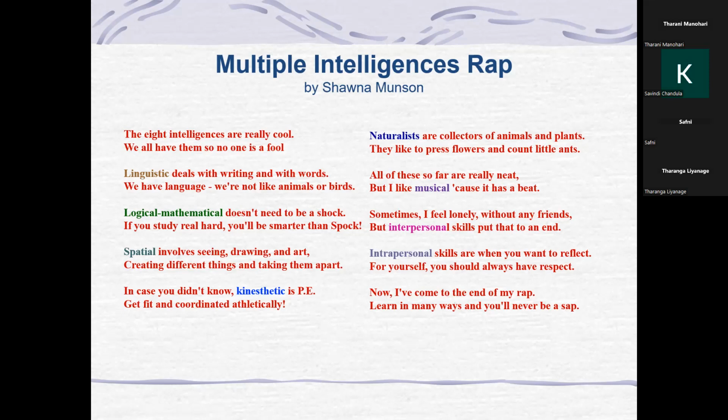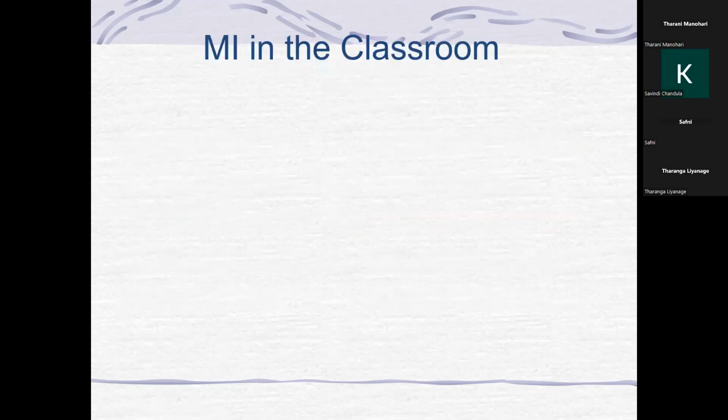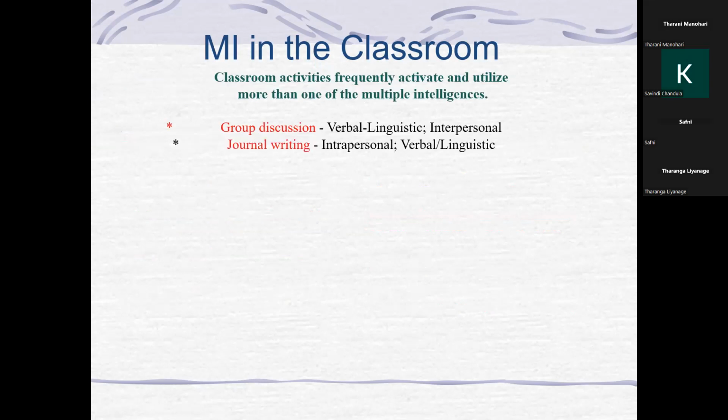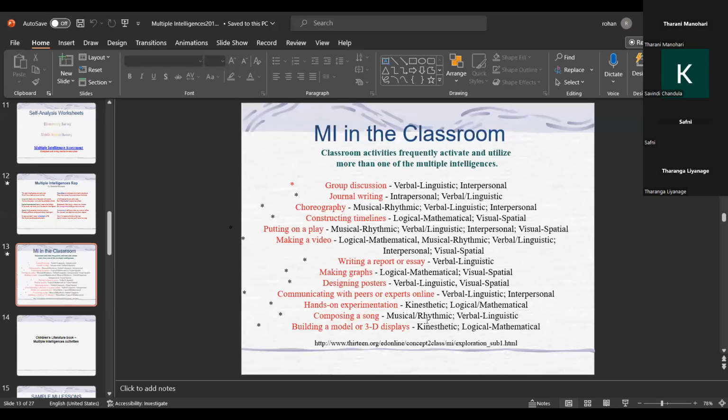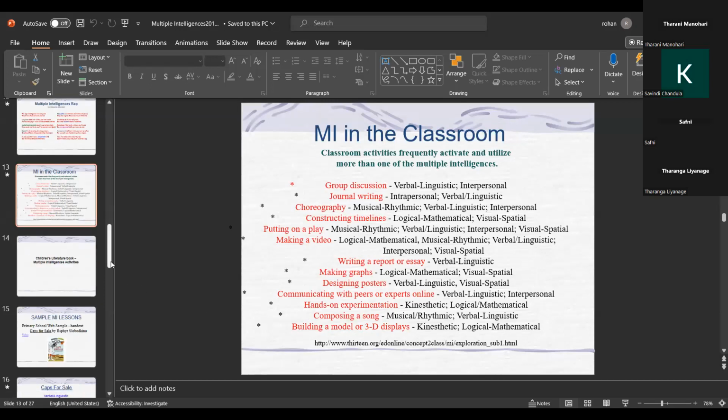In case you didn't know kinesthetic, that is, get fit and coordinated. Naturalists are given. Right, musical, you can read that. Musical intelligence in the class. See what else we can discuss.